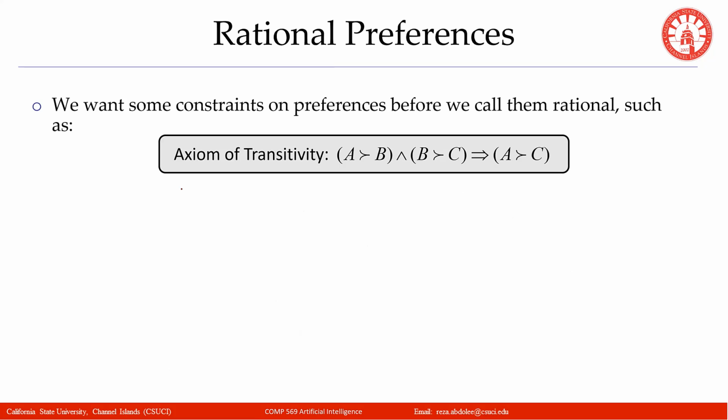For that, we need the axiom of transitivity. Let's define it again. If an agent prefers A over B and also prefers B over C, then that agent will prefer A over C. That's transitivity.